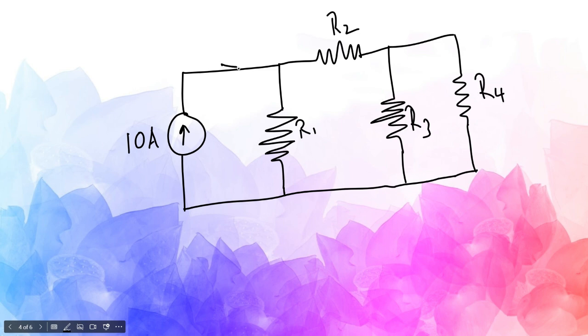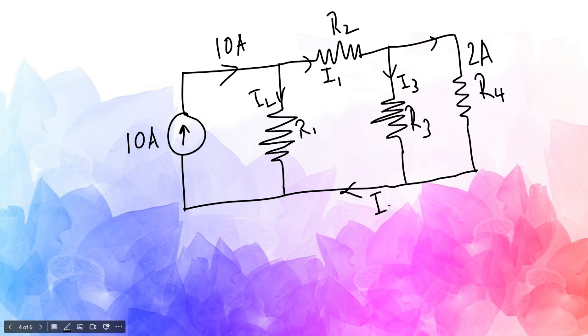So the current through this branch is 10 ampere, but we don't know what the current is here. Let's assume I1. Let's assume this current as I2. This current, let's say, is given as 2 ampere, and this current, let's assume as I3, and then this current, let us assume as I4. Now, there are four nodes.